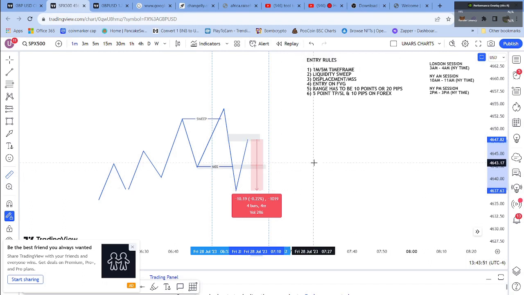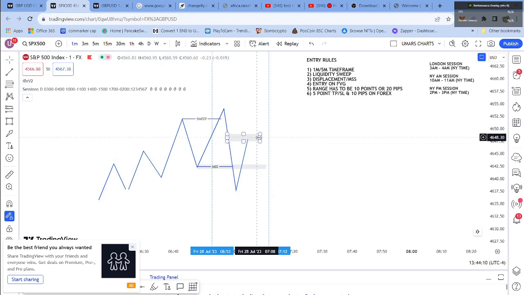So that would be on your SPX 500. Remember guys, this can be traded on SPX 500 or Euro USD. So on SPX 500, your range needs to be a minimum of 10 points. On Forex Euro USD, your range needs to be a minimum of 20 pips.